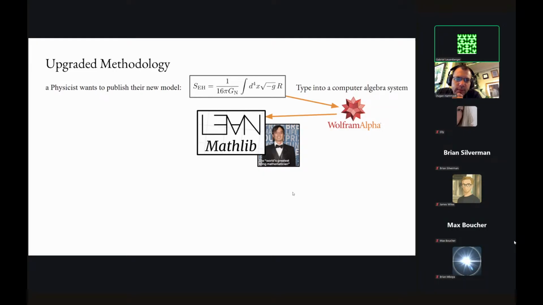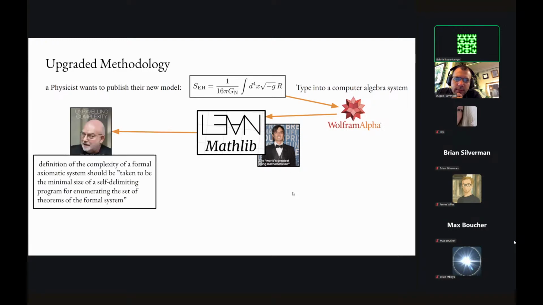Then it would use all of that to calculate the complete complexity from bottom to top, starting from the definitions of predicate logic and set theory and the foundations of mathematics and so forth, all the way up to your formula. Then you know the total amount of hidden information behind your formula. And then you should report this.